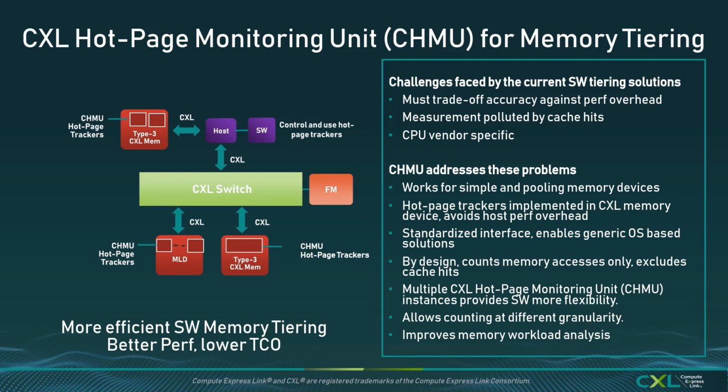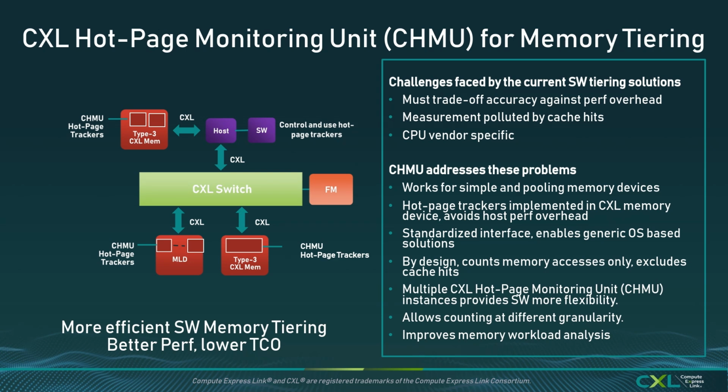So the approach we took with CHMU was that, first of all, we started with simple memory devices and pooling memory devices as the starting point, right? That's what we targeted. The hot page trackers are implemented in the memory device itself. As shown in the picture here, each memory device has what I call CHMU hot page trackers.